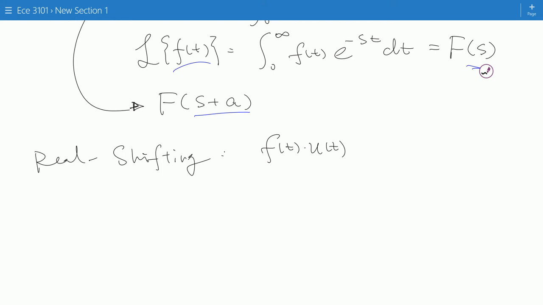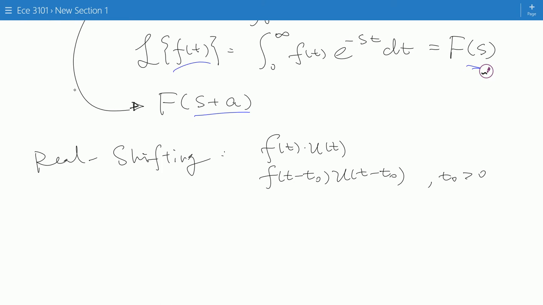And now let's apply a time delay to it. To apply a time delay, whenever you see a t it will be replaced by t minus t0. And let's assume it's a delay, so t0 is positive. We don't go into the negative time period.